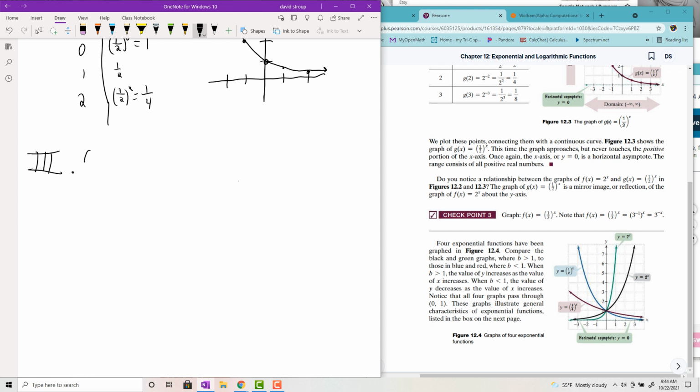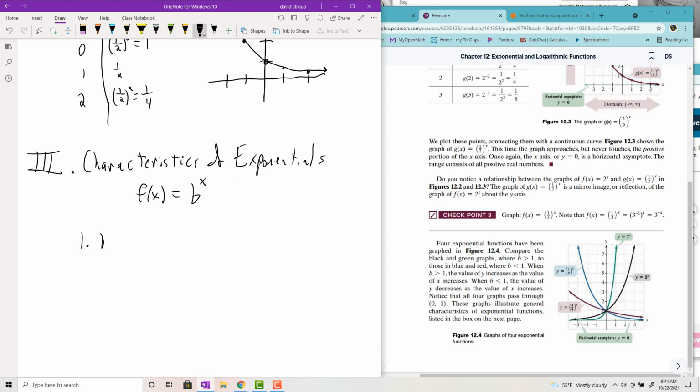We want to identify all that material here with exponentials. So, characteristics of exponential functions. In particular, when there's nothing in front of the b, so f of x equals b to the x, or y equals b to the x.